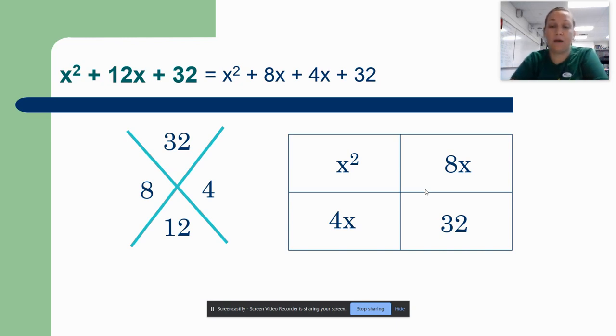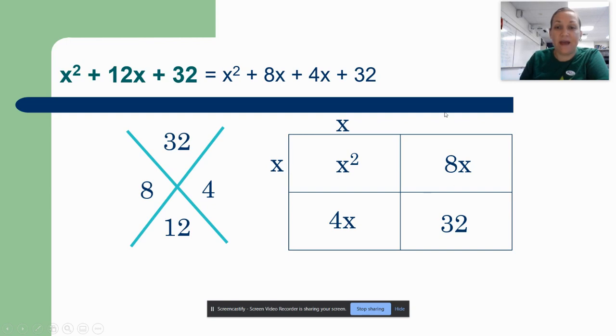Now, we learned how to do the box method yesterday. The box method says we have to look at the top 2 boxes, the first row, and find what they have in common and factor it out to here. So an x squared and an 8x have an x in common, so I'm going to write an x out here. Then we kind of work our way around the box. So next, I'm going to say x times something makes x squared, and that would be x times x makes x squared.